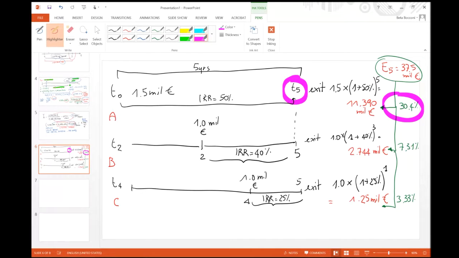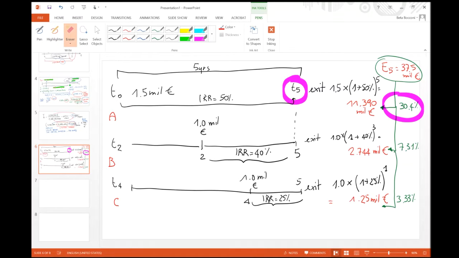If I invest today an equity stake of 30.4, and after 2 years another guy gets in, and after 4 years another guy gets in, in year number 5 I will not still have 30.4%, because clearly I will be diluted.